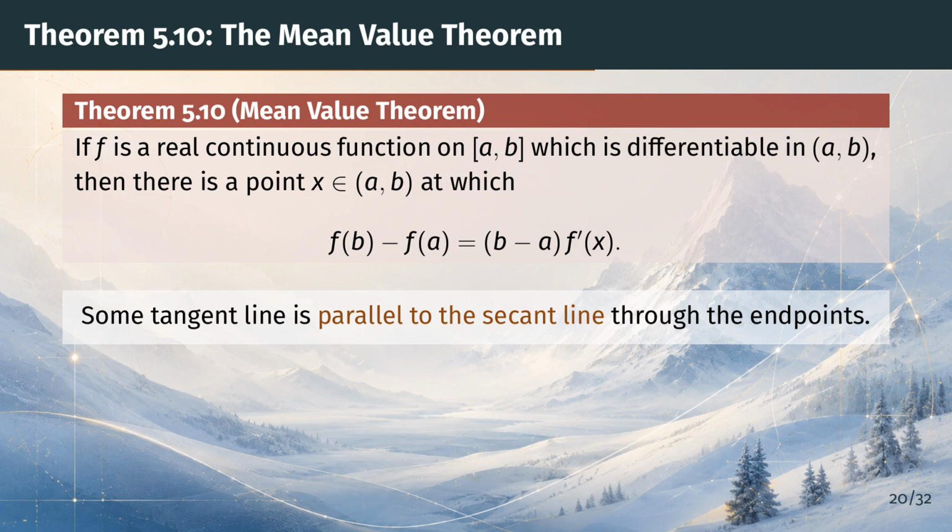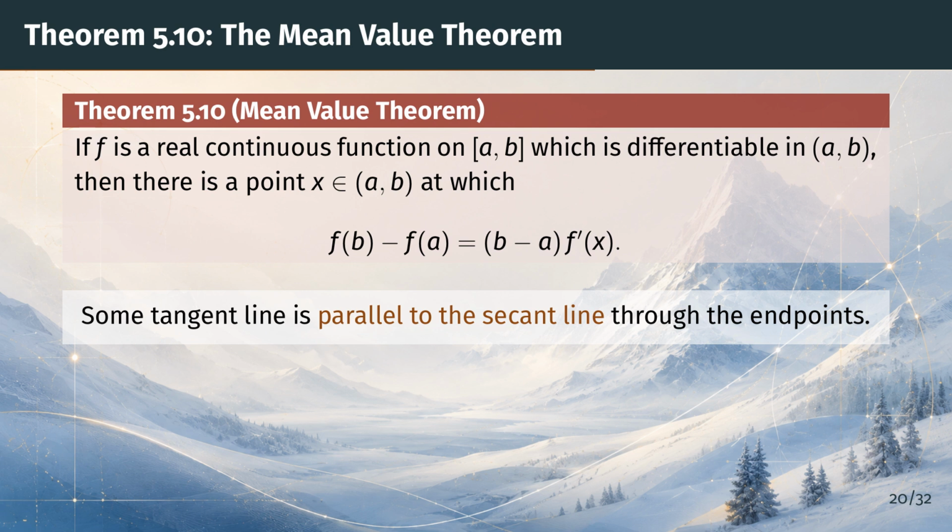Here it is. The mean value theorem, the special case that gives the whole section its name. If f is continuous on the closed interval and differentiable inside, then at some interior point, x, the increment of f over the interval equals the length of the interval times the derivative at x.